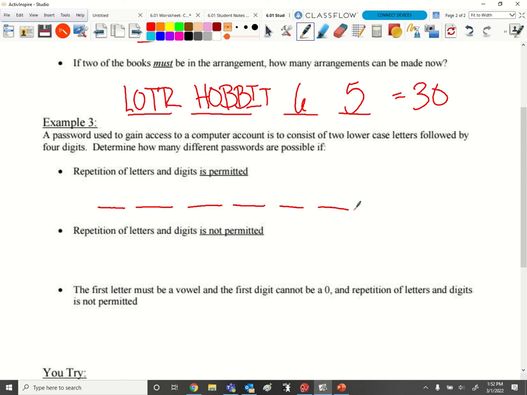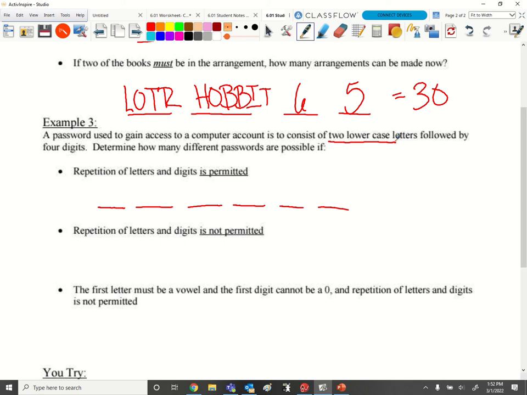For my first one, how many possible do I have? I got confused, but when you're talking about letters, case sensitive is important.